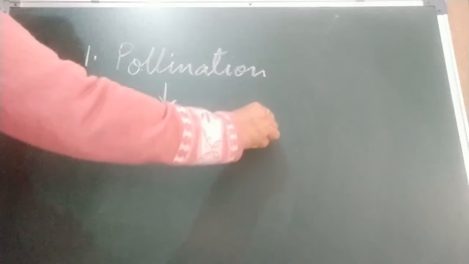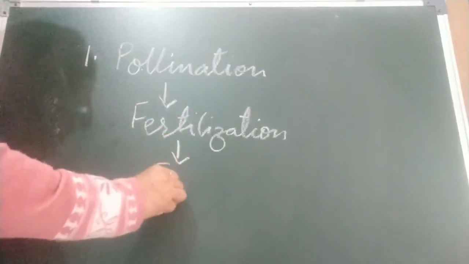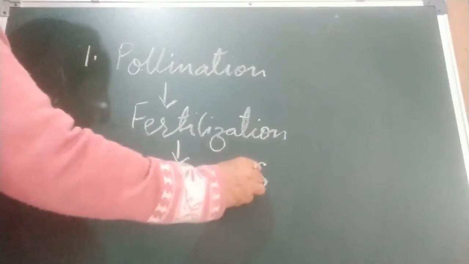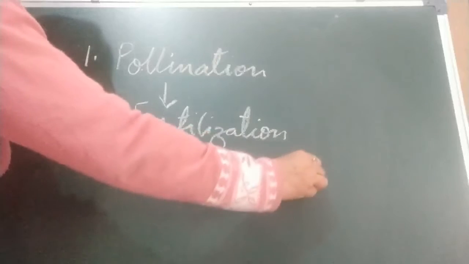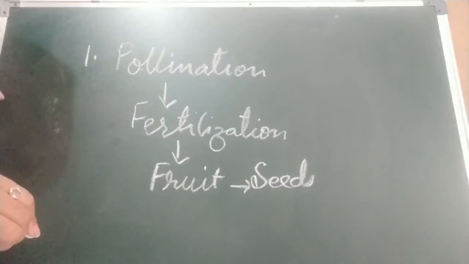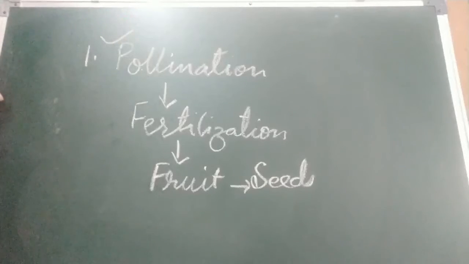Formation of fruit, and seeds are there inside these fruits. Seeds are what? Babies of the plant, we can say. Inside the seeds, an embryo is there and a new plant comes out from that embryo.